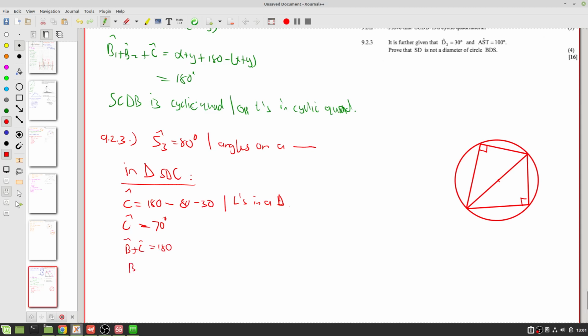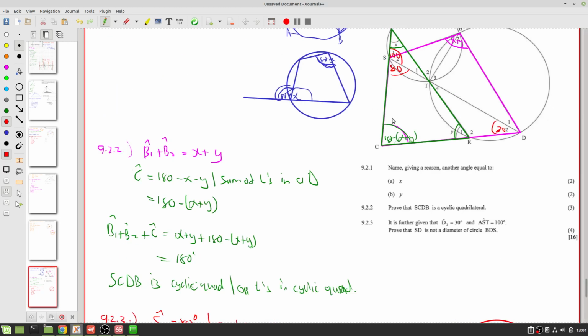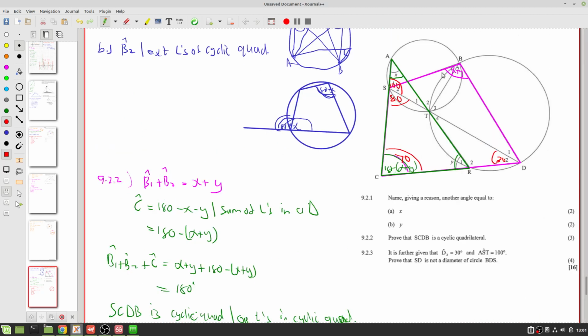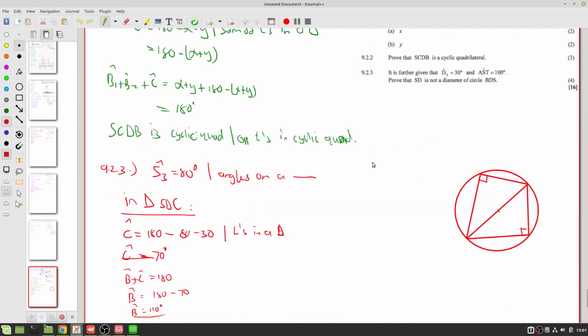We know what C is now, so angle B equals 180 minus 70, which is 110. And that's also not 90. So we've shown this angle here is 70, and we calculated this angle here is 110. If this was a diameter, then this would have been 90 and this would have been 90.